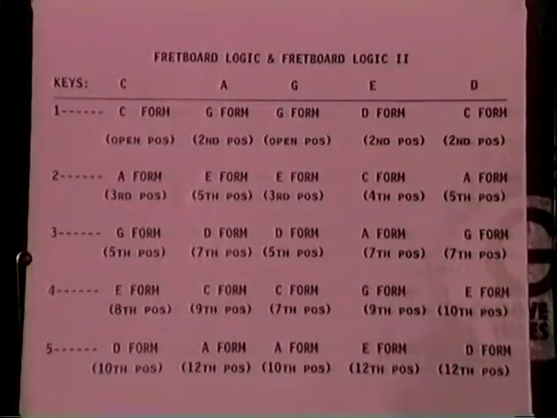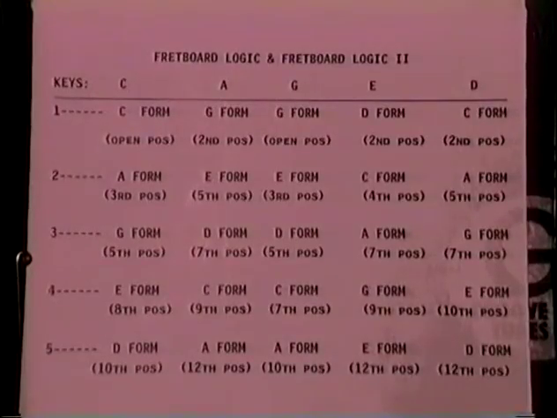So you have a couple of ways of looking at this if you're still a little bit confused. You can try the G-form shapes in the open position in the key of G, and then you can move everything you do up 2 frets, and you'll be playing what we had already just discussed a few seconds ago, which is the practical position for the key of A, which is called the G form.